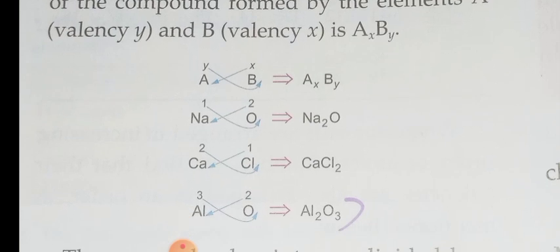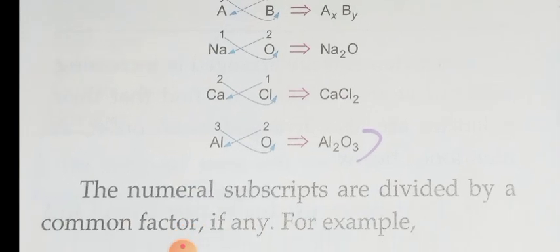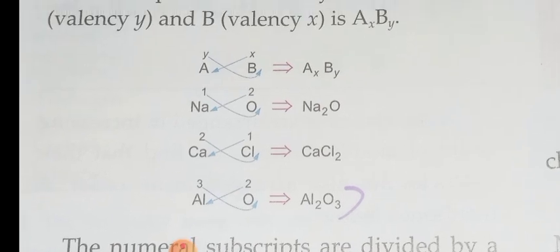For example, Na2O: two atoms of sodium and one atom of oxygen are present in that compound. Similarly, CaCl2 and Al2O3 all give the number of atoms of the elements present in a molecule.